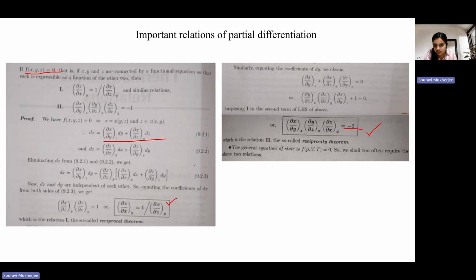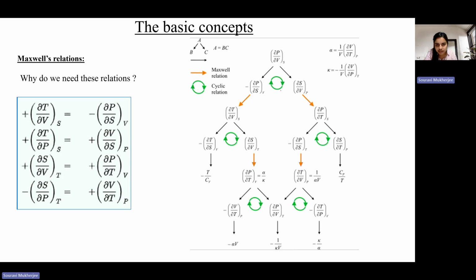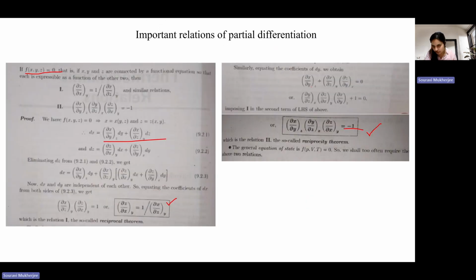This is the cyclic relation that we had used here. So del P del V at constant entropy is given as del P del S at constant volume into del S del V at constant pressure, and there's a minus sign. If you take a product of the three, that will be -1. That's how you can use the cyclic relation.